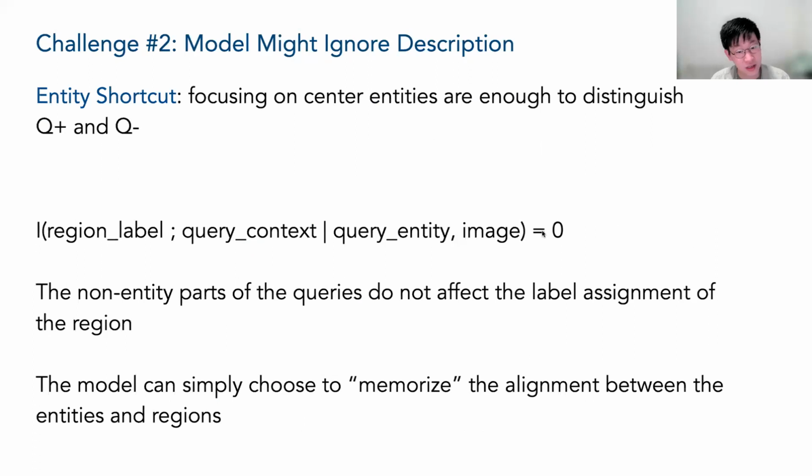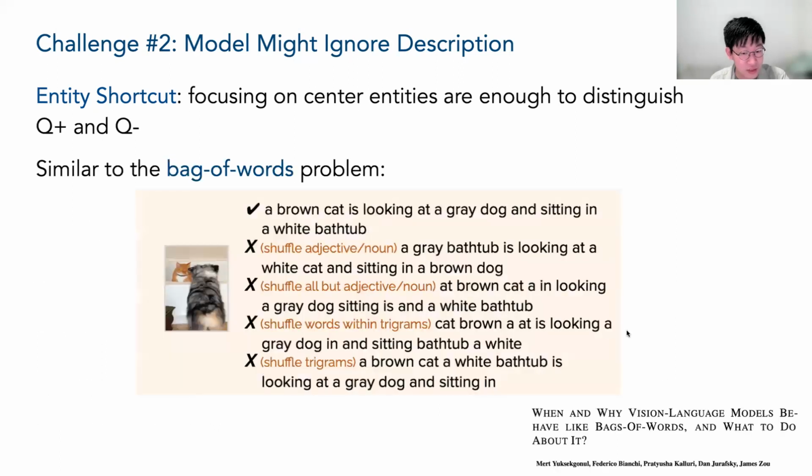Once the image and the entity in your query are fixed, the label of the region is fixed, because it doesn't depend on the context. So the model simply chooses to memorize the alignment between entities and regions and ignore all the non-entity, non-center parts.